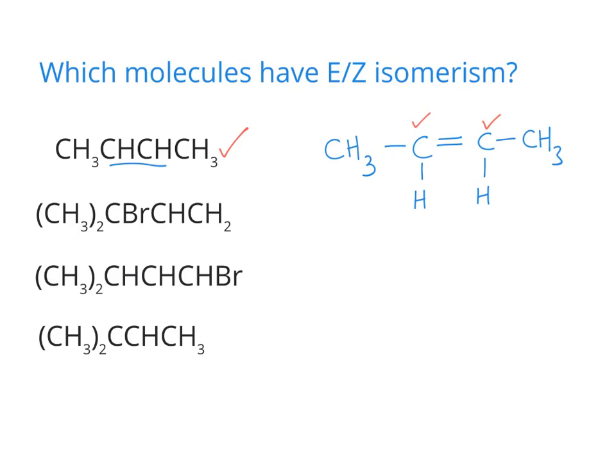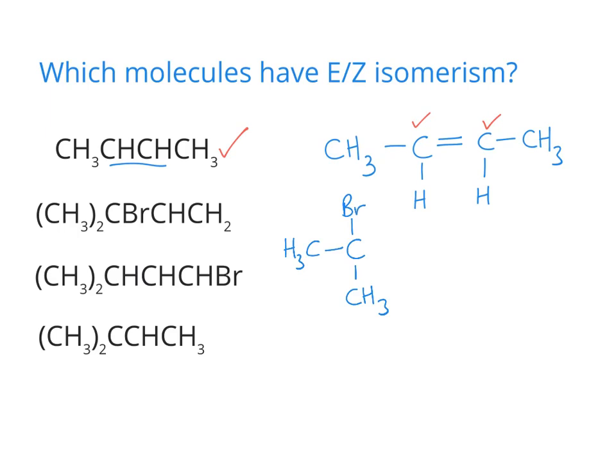So the next one, going from that structural formula, 2 lots of CH3, so they must both be attached to that C, because CH3s have to go on the end. So I'm going to need to draw a carbon with 2 CH3 groups on it. The next thing is a Br, so that must be attached to that carbon as well.